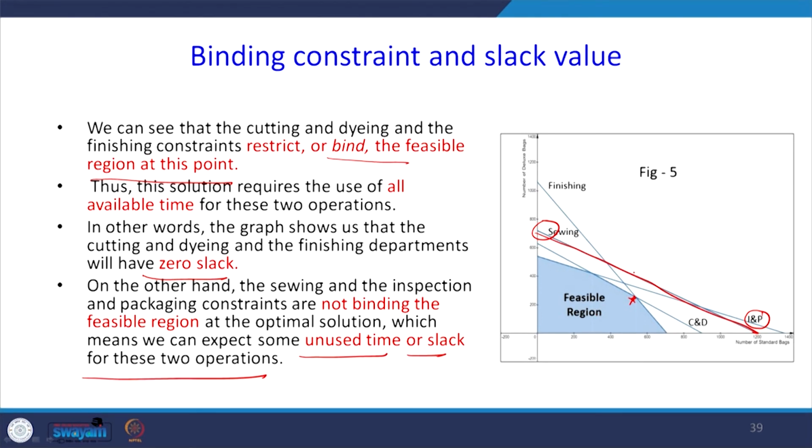So, this constraint is a redundant constraint. Even though it is redundant, we have to keep it in our LP model, because when the resources of any constraint change, the redundant constraint may become a binding constraint at a certain point. So, even though it is redundant, it is customary to mark that redundant constraint also.